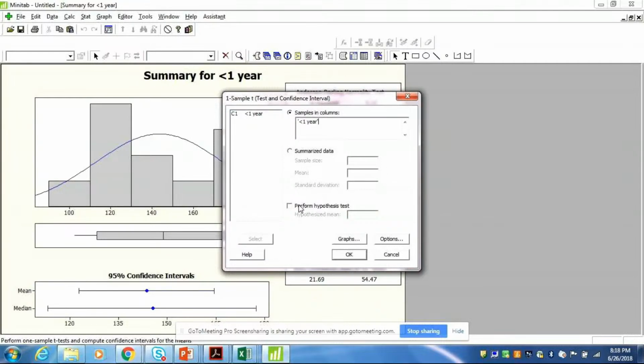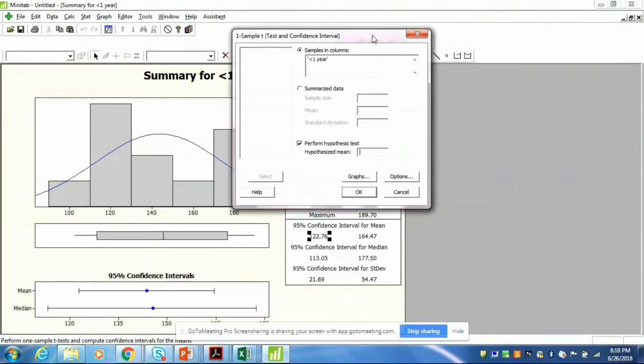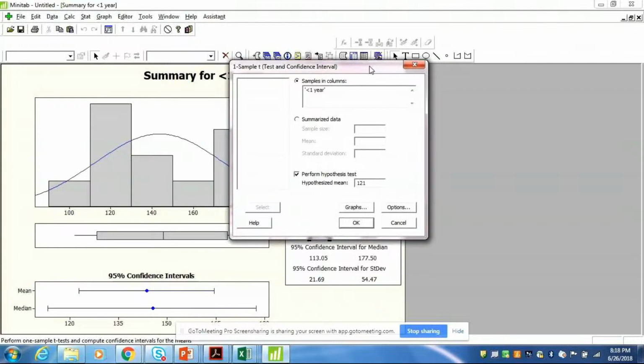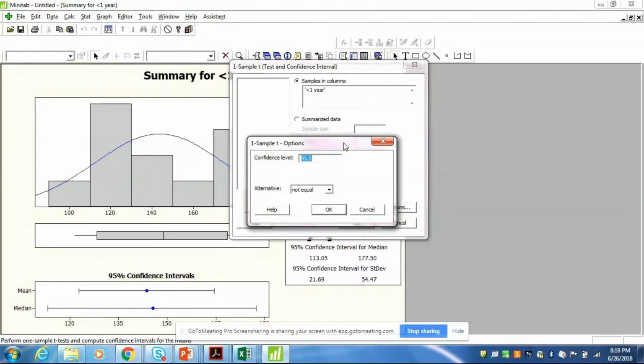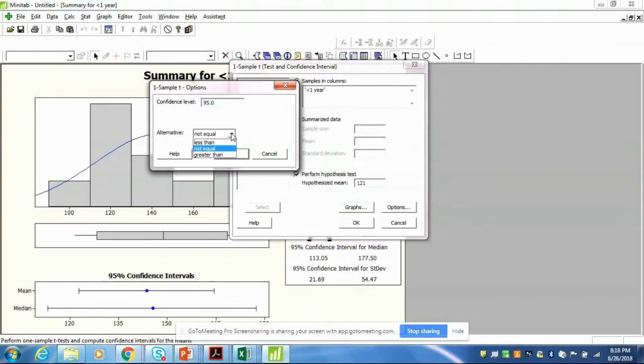Okay. One sample, click here, and then you do perform hypothesis test. Click on this checkbox. Now, hypothesized mean. So what is the mean that we thought? We thought we will take 121 as hypothesized mean. So let's enter 121 and go to options. There are three things that you can check for the alternative hypothesis.